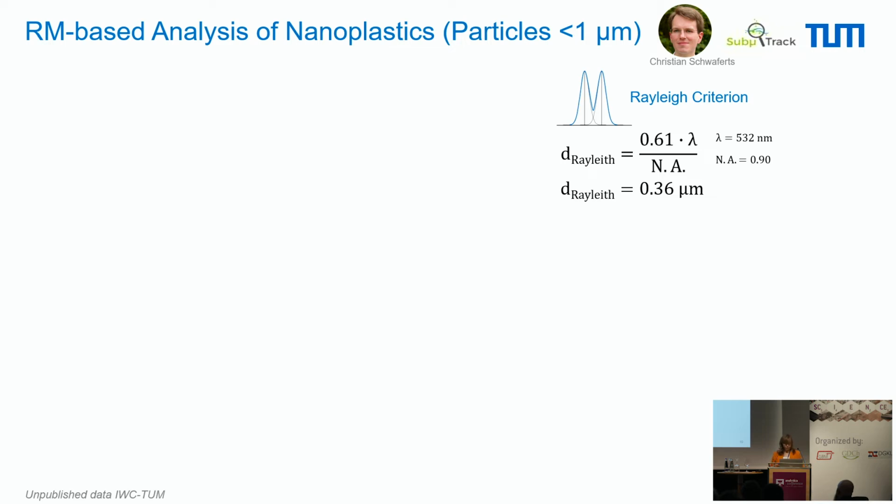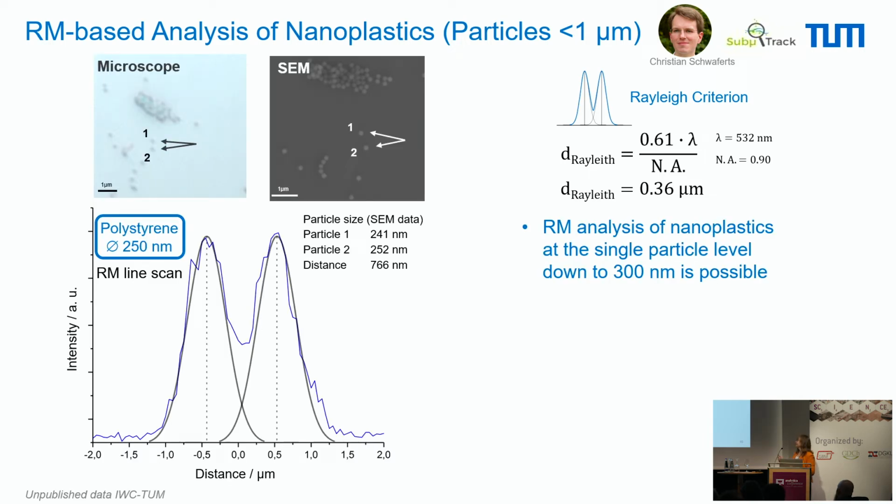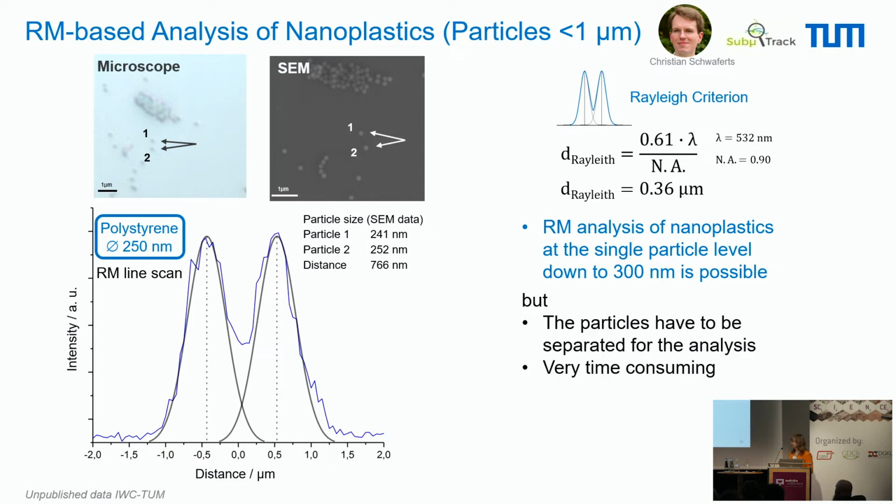But theoretically, we can also go a little bit lower. According to the Rayleigh criterion, particles down to 300 nanometers can be analyzed, and Christian Schwaffert was able to get separated Raman signals from 2 particles of this size. But to be sure these were single particles, scanning electron microscopy images were applied. So it's possible to do, but we have to say it's really time consuming and particles have to be separated.